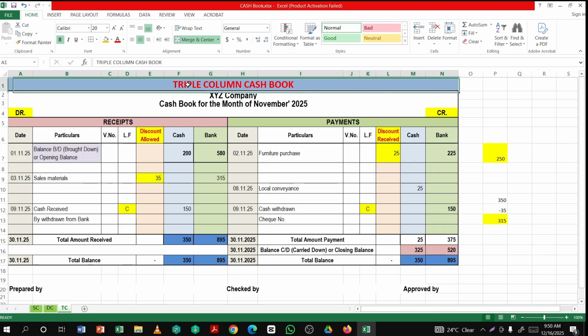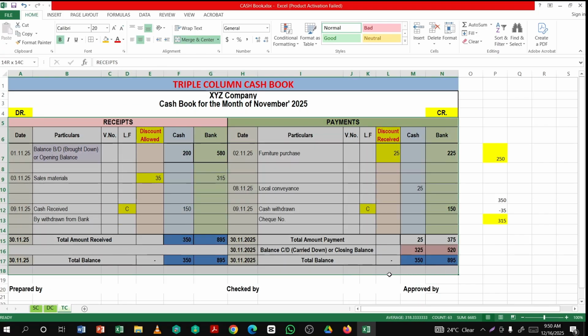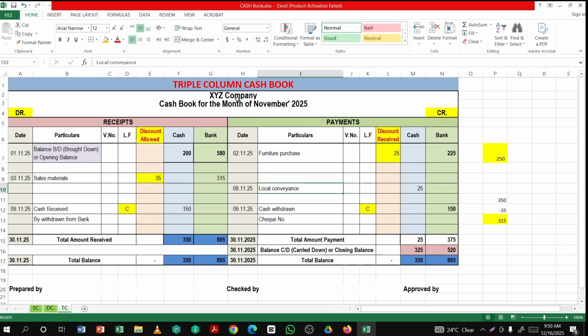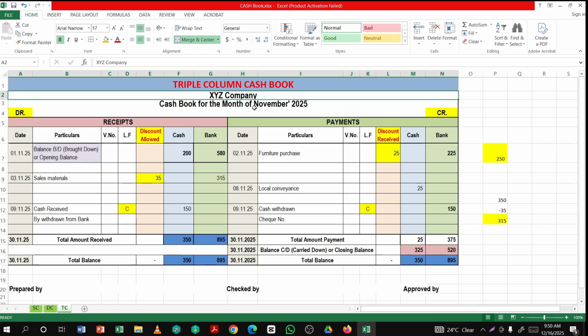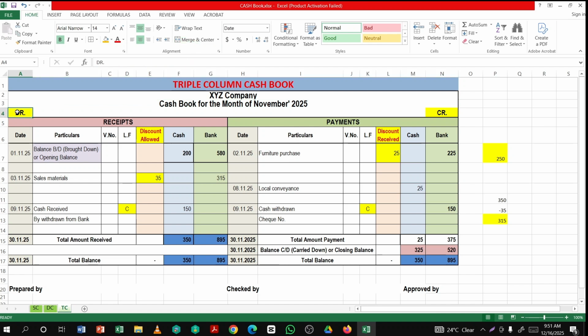This is triple column cash book format. XYZ Company cash book for the month of November 2025. Left side debit and receipt section, right side credit and payment section. This cash book adds an additional column, discount allowed in receipt section and discount received in payment section.